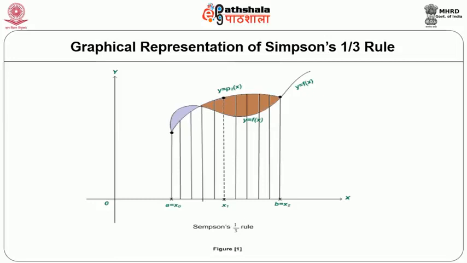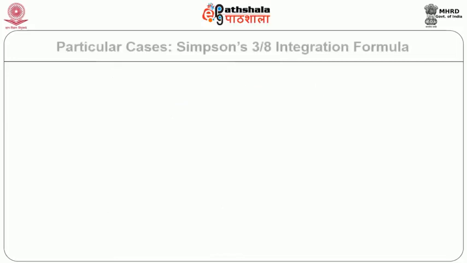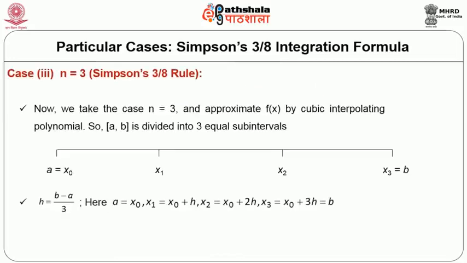Now let us derive the next case, that is n equal to 3, when we are approximating the function by a cubic polynomial. So now the number of divisions of our interval a to b will be 3, because for a cubic polynomial, there are 4 points x0, x1, x2 and x3. Our a is x0 and x3 is equal to b.